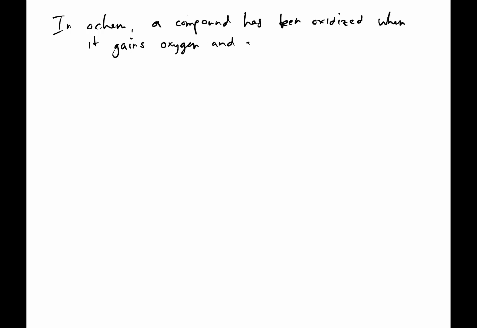So let's say this. In OChem, oxidation refers to, or let's say this will be a compound, an organic compound, is oxidized or has been oxidized, when it gains oxygen and or loses hydrogen.